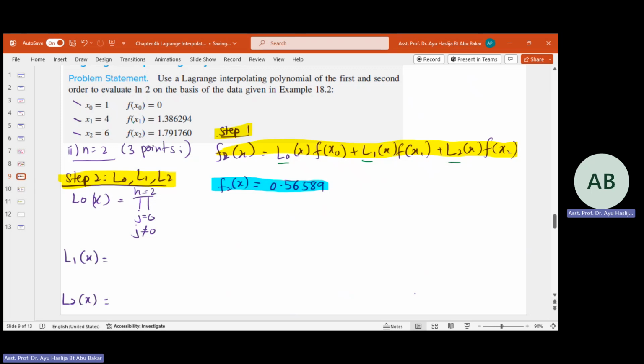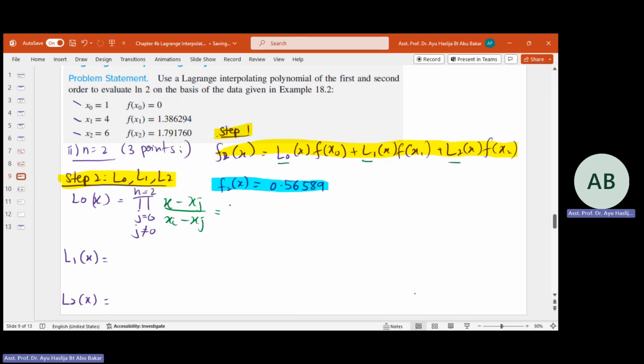Then from there, calculate your L0, L1, and L2. So L0, remember n equals 2. Now here, (x minus xj) over (xi minus xj). J should start from 0.